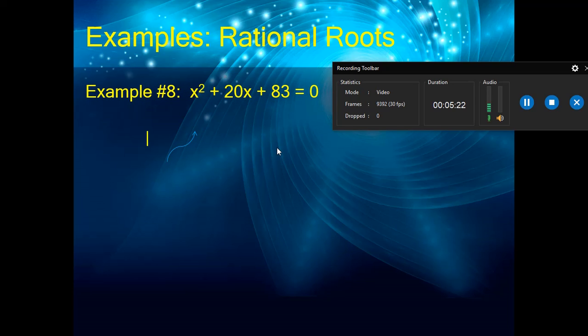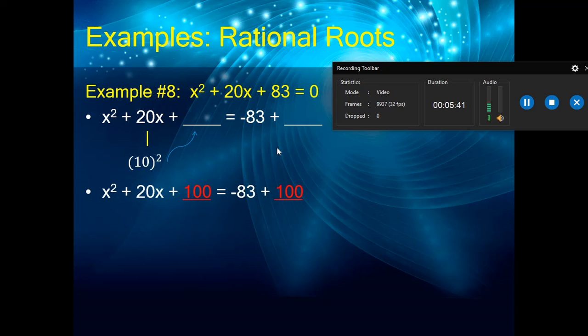In example number 8, the equation's in standard form. I am going to subtract 83 to put it on the right-hand side. And we'll make room for our new trinomial. So half of 20 is positive 10. Filling in the blanks with 100. Two identical factors, and my constants simplify to 17.